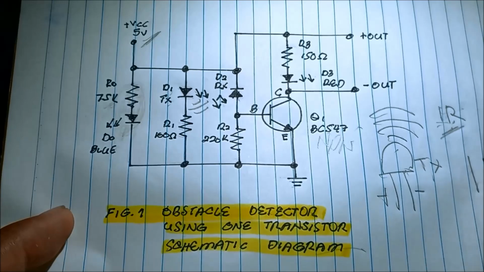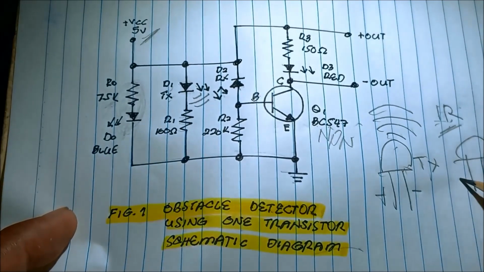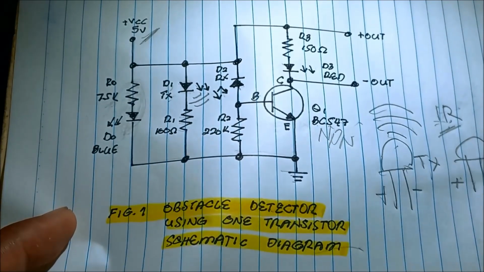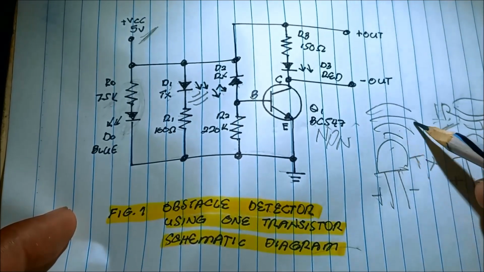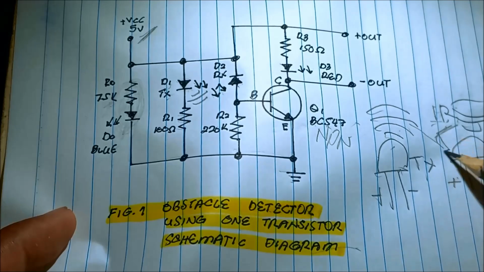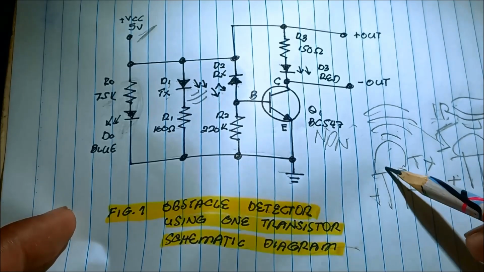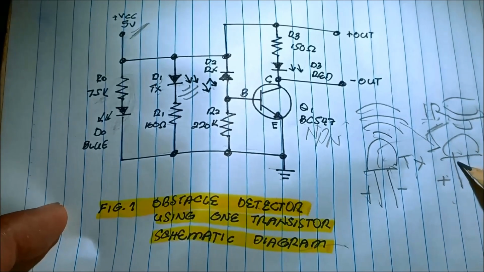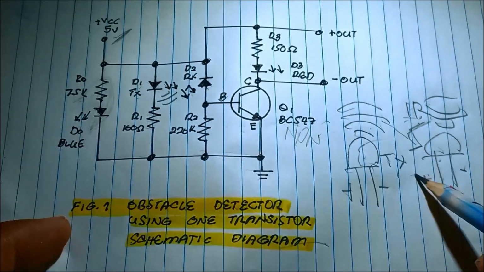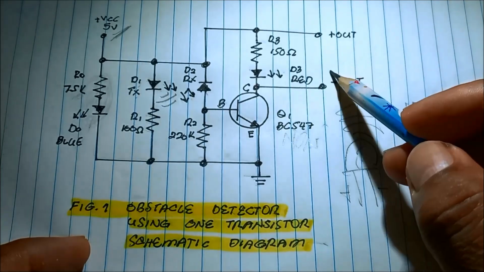So the other one is the receiver. There's also an anode and cathode. It receives from here to receiver. Transmit, receive. This is only possible when there is an obstacle.